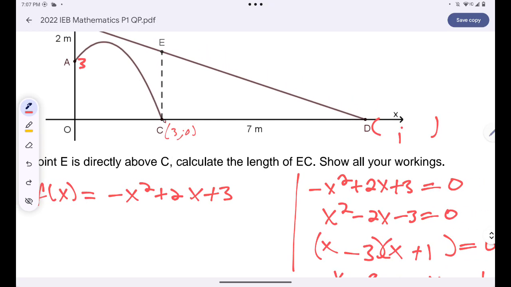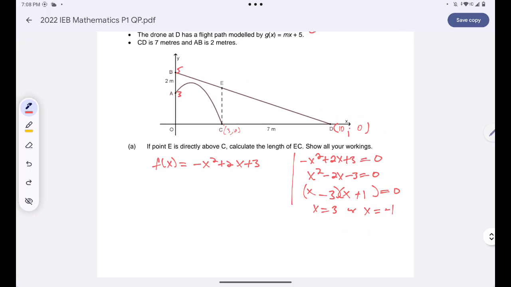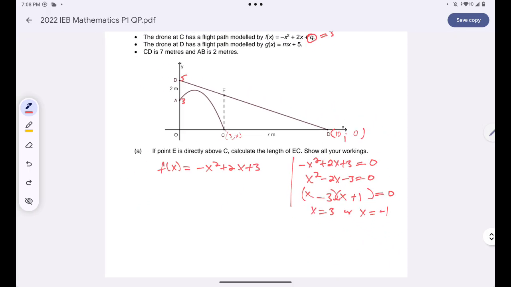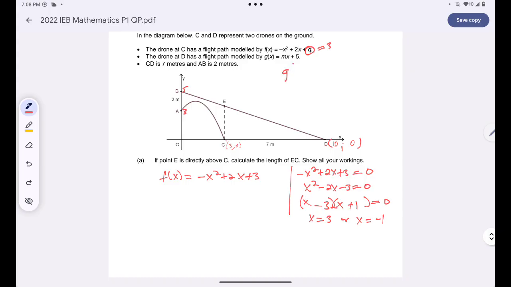The distance from here to there is 7 units. So I'm moving from point 3 and I'm moving 7 units horizontally. That means the x coordinate at D is 10 and the corresponding y value is 0. Are you together? So I can therefore find the equation of g. Remember that g of x is given by mx plus 5.